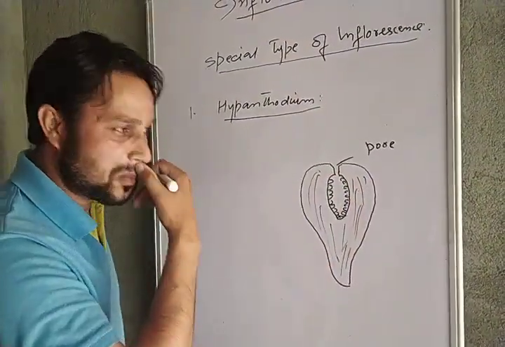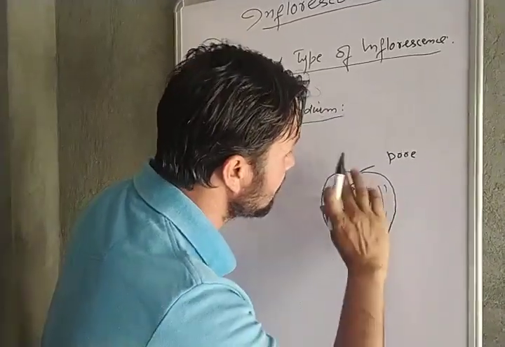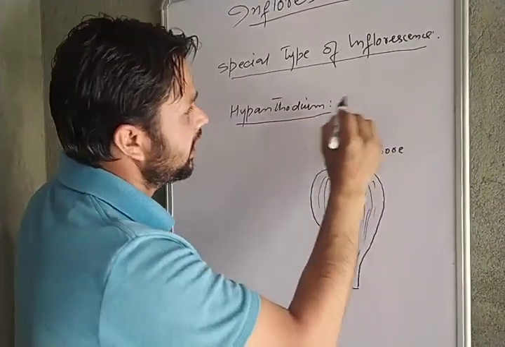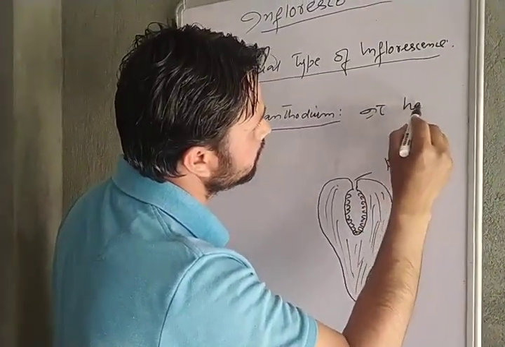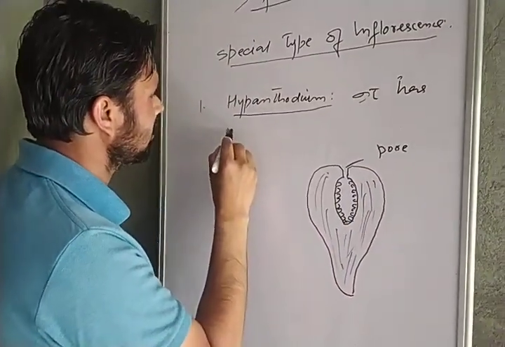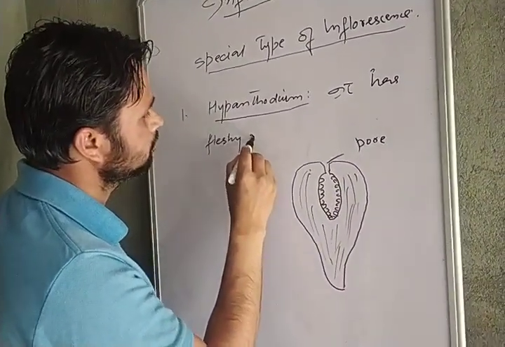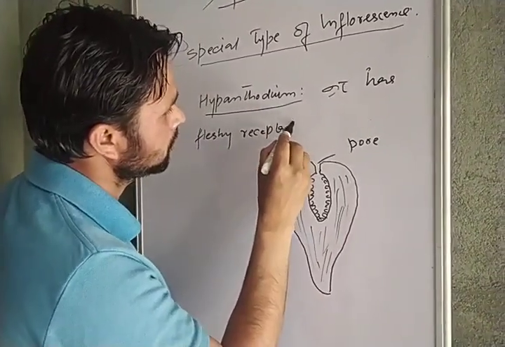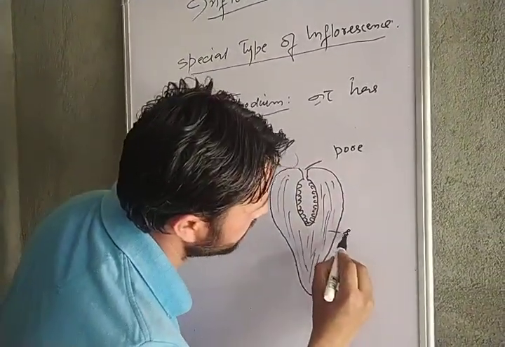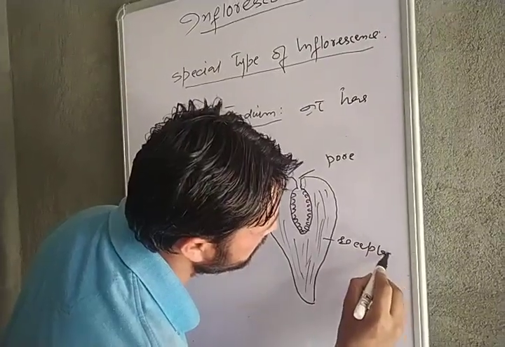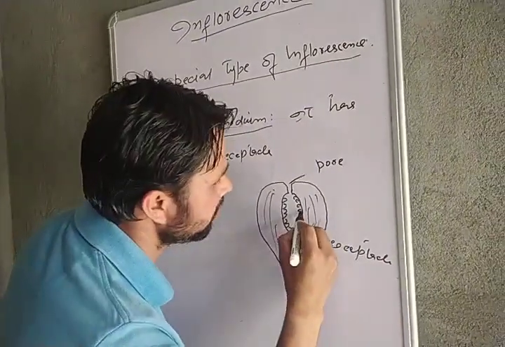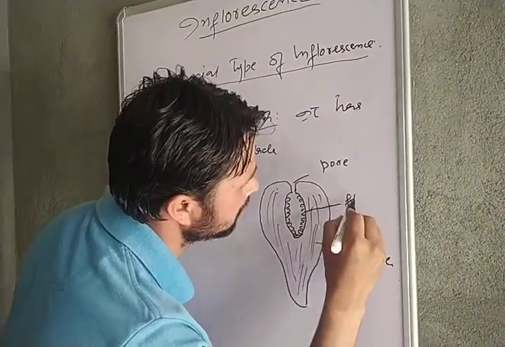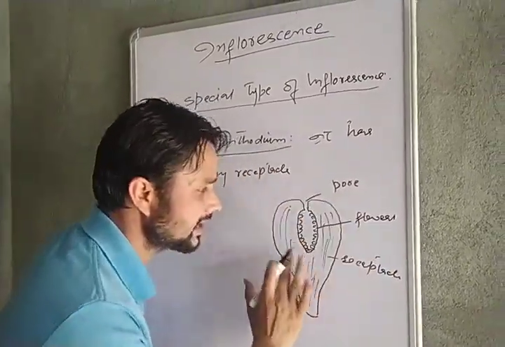In special type of inflorescence, what happens? It has this hypanthodium. It has a fleshy receptacle, which I am showing. This is the receptacle. These are flowers inside this receptacle.